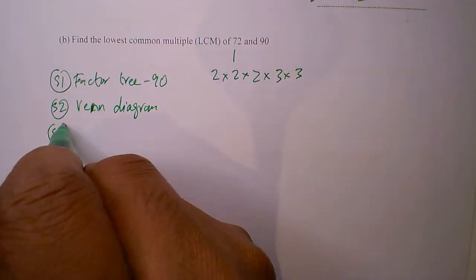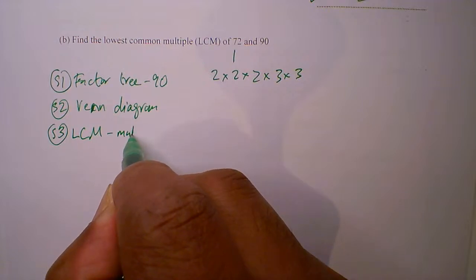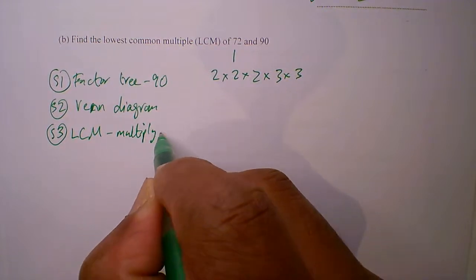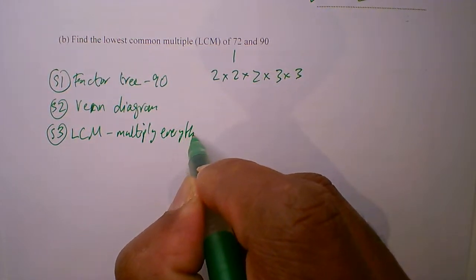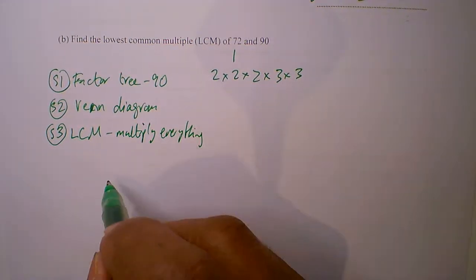And step 3 is, if I'm finding the LCM, I am multiplying everything. Okay, so that is how I'm going to do this. So how do I find 90?